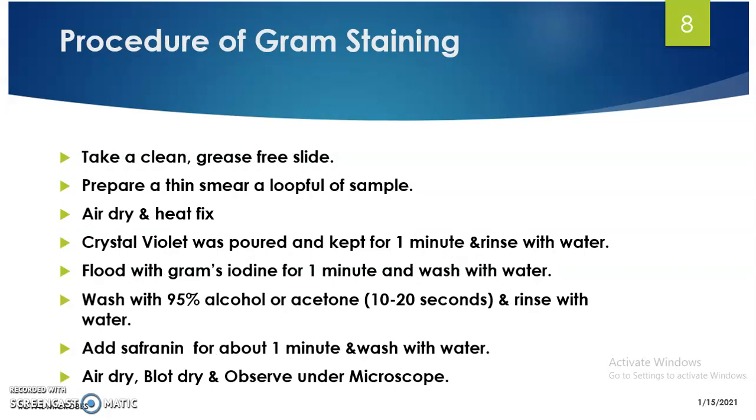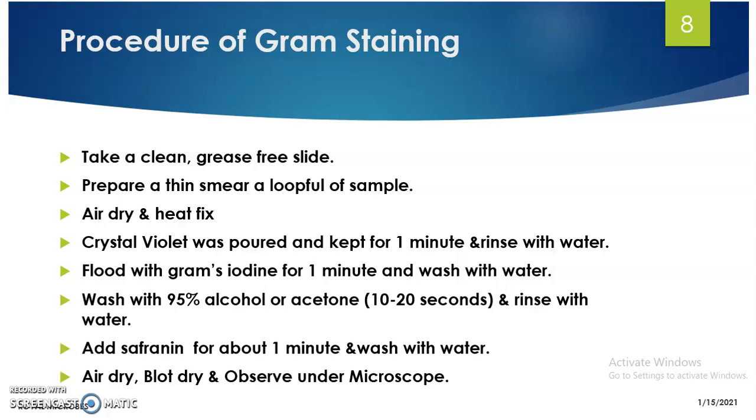Coming to the procedure of Gram staining, you have to prepare a thin smear. For that, you have to take a clean, grease-free slide, then prepare a thin smear, then air dry and heat fix the smear. Crystal violet is poured and kept for 1 minute and rinsed with water. Flood with Gram's iodine and keep it for 1 minute and again wash with water so that the crystal violet iodine complex will be formed.